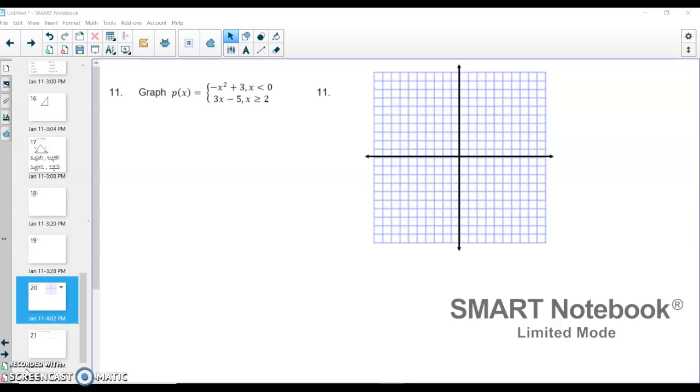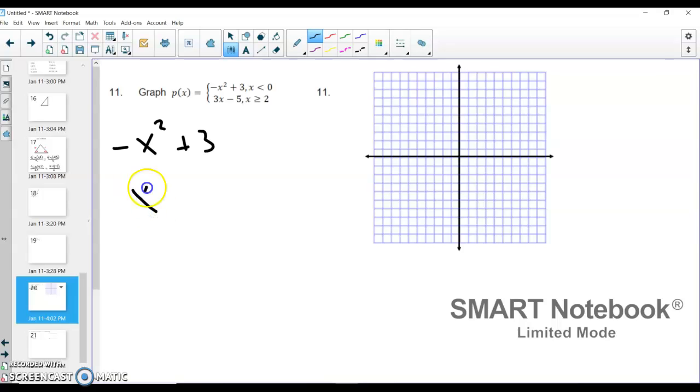The first one I'm going to do an xy table for is negative x squared plus 3, and in that domain x needs to be less than 0. Remember, I talked about this in the lesson. When I do my xy table here, I'm going to include 0, but when I graph it, I'm going to graph it with an open dot at that 0 point because it's strictly less than 0.